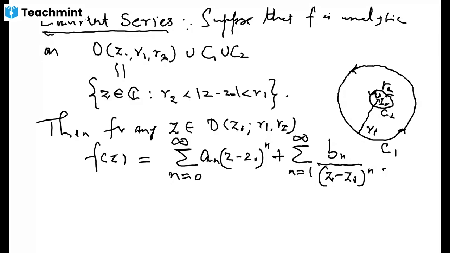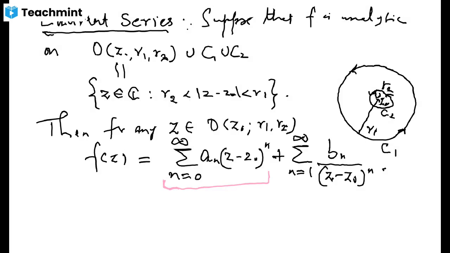Let me give some more details about this. In this part, we have this one. Once you write f z equal to the sum of these two infinite series, that means both these infinite series are convergent. Let us look at the first part.